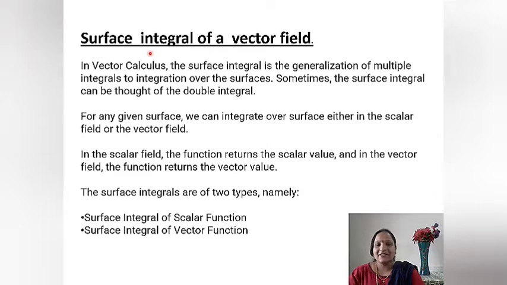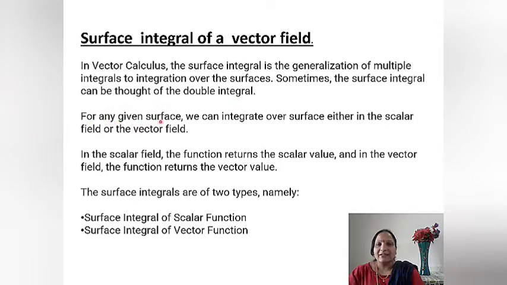Next is the surface integral of a vector field. In vector calculus, the surface integral is the generalization of multiple integrals to integration over surfaces. Sometimes the surface integral is known as the double integral.